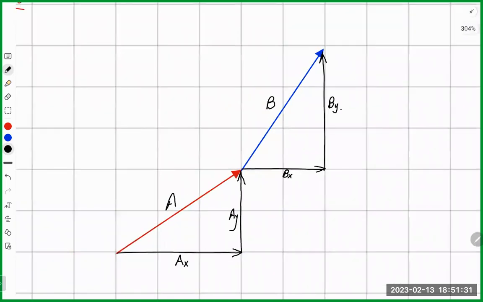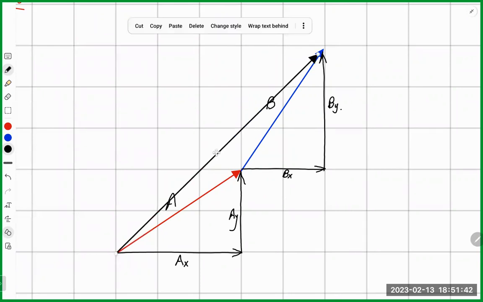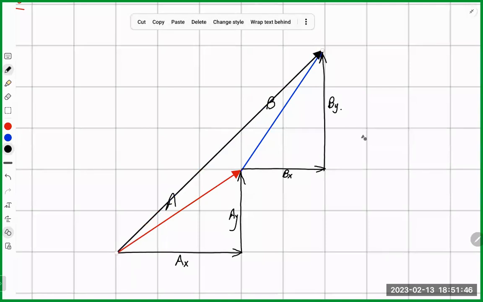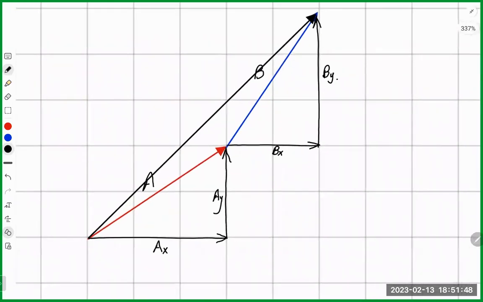Don't forget, there is a resultant as well. Now, this is the resultant.